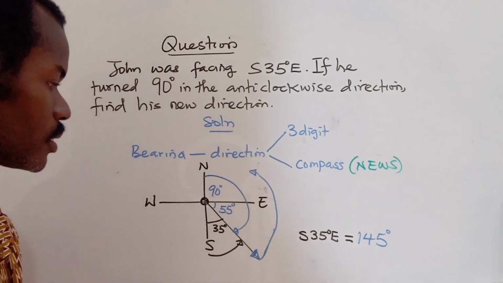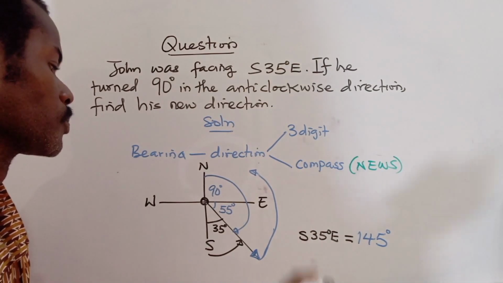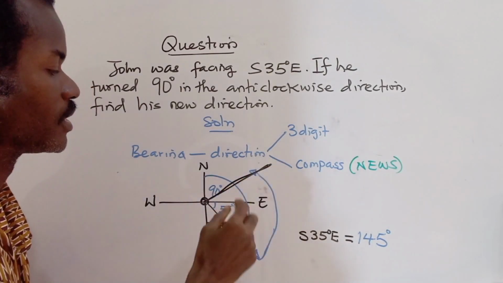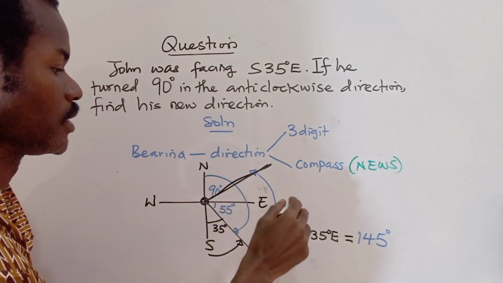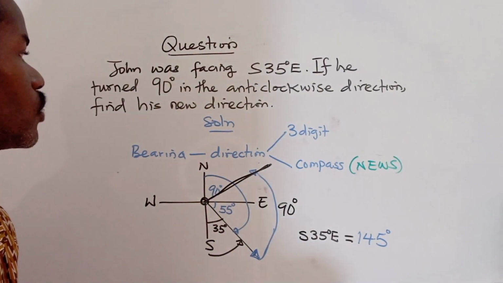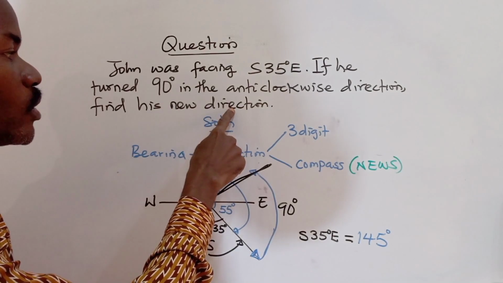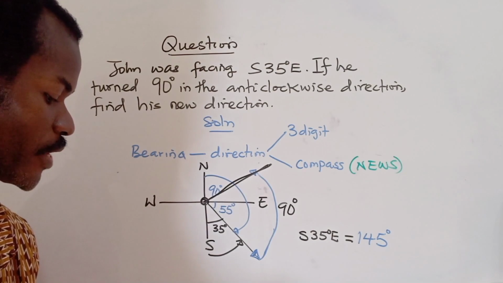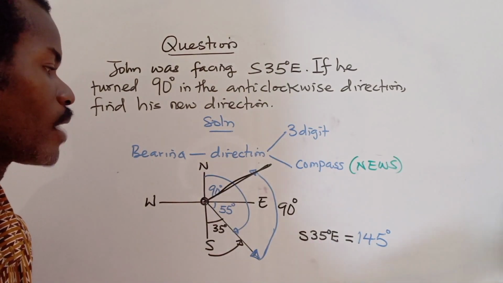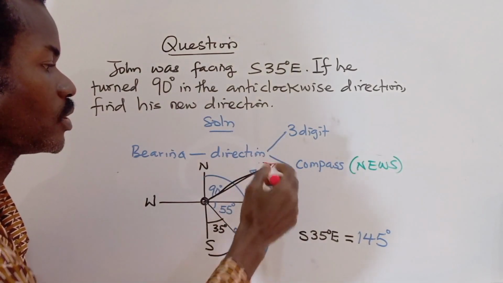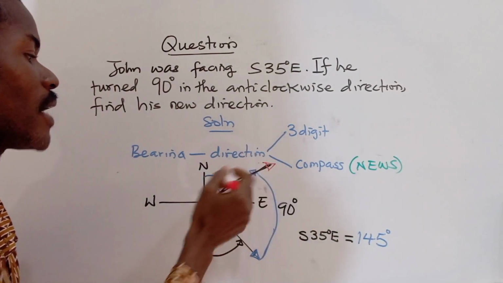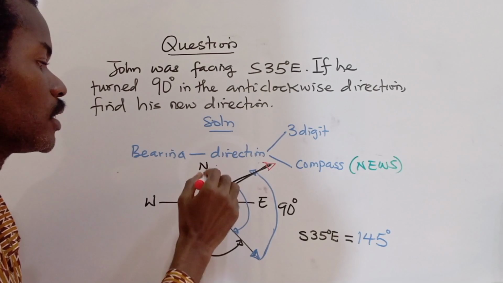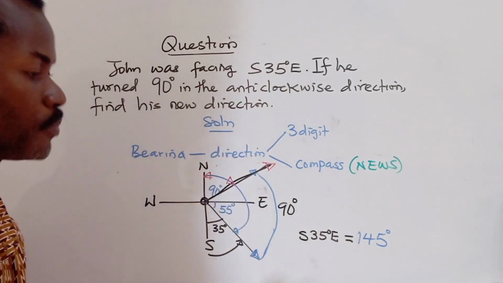He turned such that this angle was 90 degrees. The question says, find his new direction. So his new direction is his new bearing. The new bearing for John, while John is facing this direction, which is 90 degrees anti-clockwise, will be this angle from this point to this point.